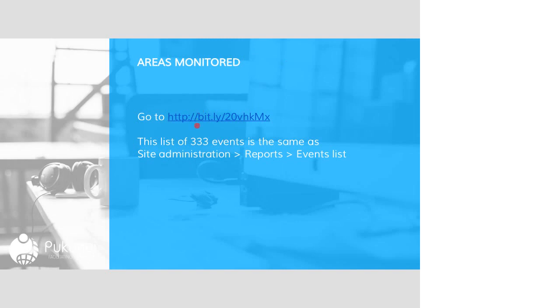And if you scroll down on that Google Doc, you'll see a huge, great big list of 333 different events that can be monitored within Moodle, and there's all sorts there. You know, if a page is deleted from a lesson, or if somebody reviews a quiz attempt, and so on and so on and so on. There's hundreds and hundreds of all these different events that you can subscribe to, and you can create rules for.